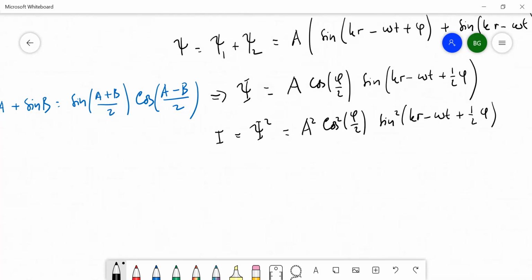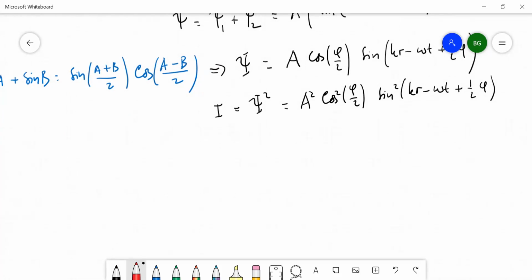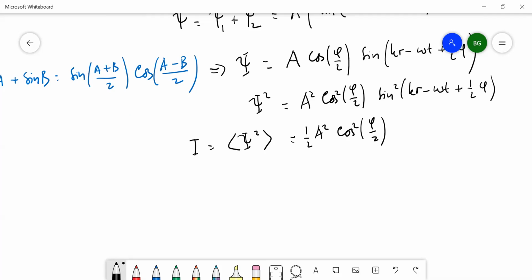If we average, it should be this one, it should be a half, A squared cos squared(v over 2).